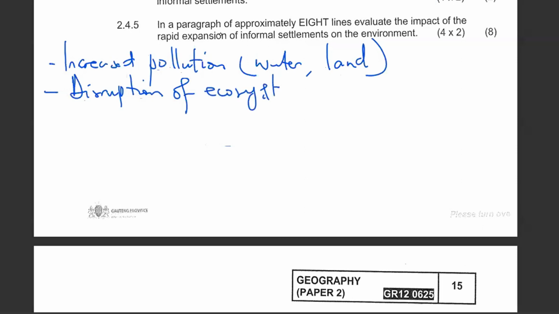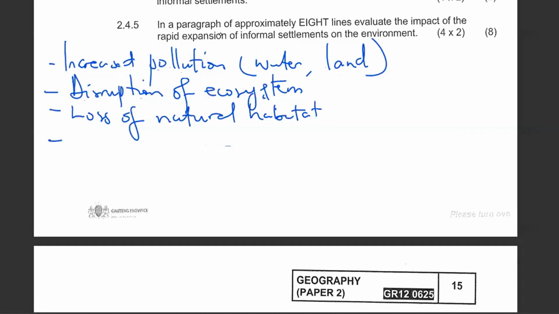As people invade new places, they also disrupt the ecosystems. And also we can talk of loss of natural habitat because of the expansion into the habitats for the need of land to establish the informal settlements.